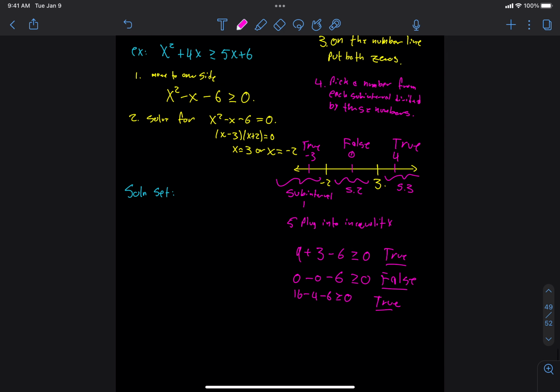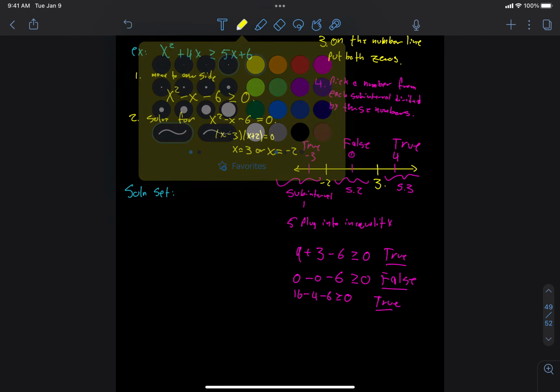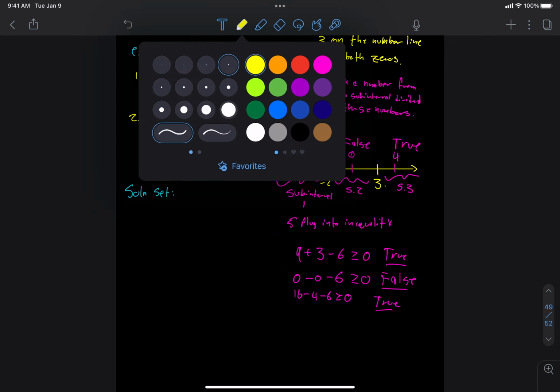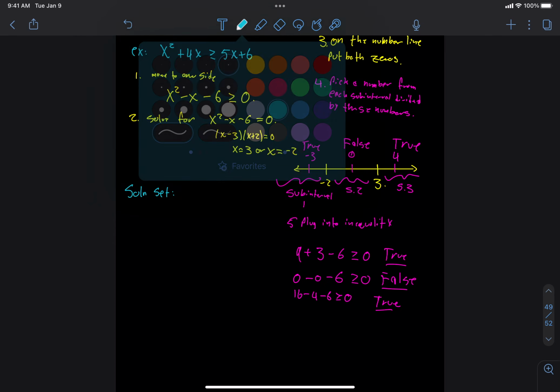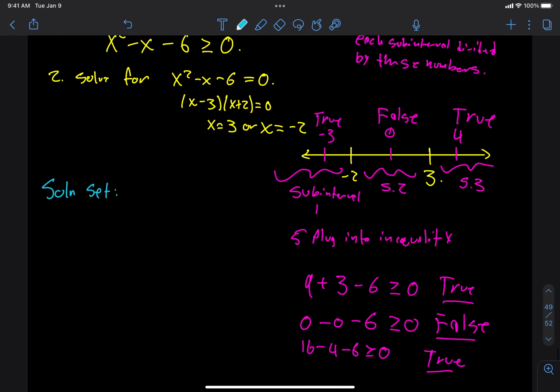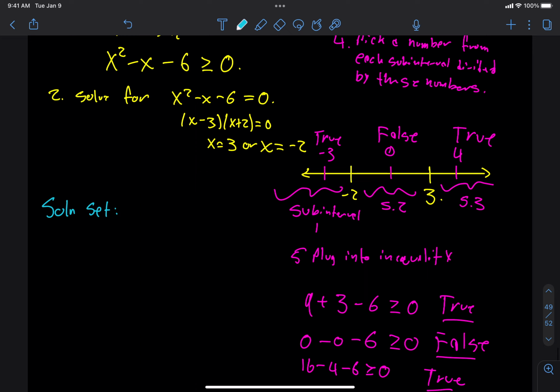Okay, so the number line in the end, I'm running out of colors here. Maybe I'll do blue. So what is the number line going to look like? Well, first of all, am I going to include 3 and -2? Who says no and why?